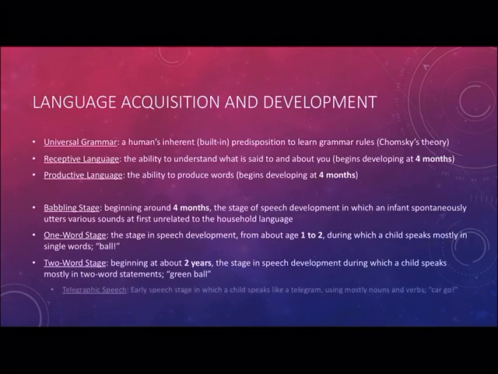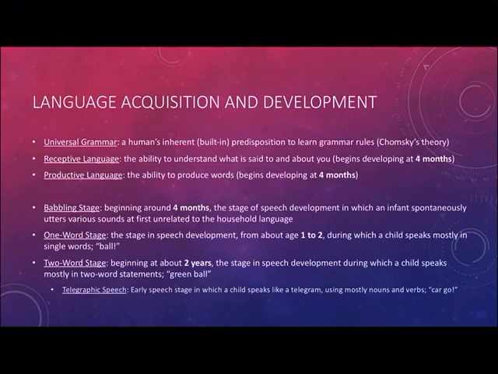And then within the 2-word stage, we generally reach something called telegraphic speech, which is where a child speaks using a noun and a verb. So within the 2-word stage, you can put any 2 words together, but if it's telegraphic speech, it has to be a noun and a verb that you've put together. You're describing something that is doing something. So cat run, right?